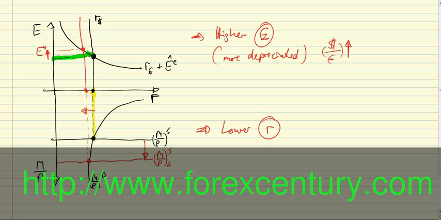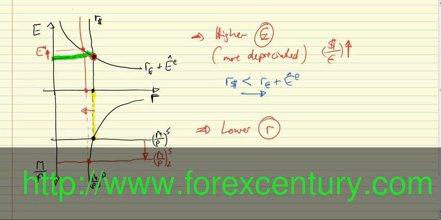Well, if we are initially at this equilibrium that I just circled red here, then the decrease in the interest rate implies a violation of the arbitrage condition. So the dollar interest rate is lower than the euro interest rate plus the expected depreciation, which means that holders of financial investments in the US will rush towards Europe, buy euros, and invest in financial assets there in order to get the higher rate of return.